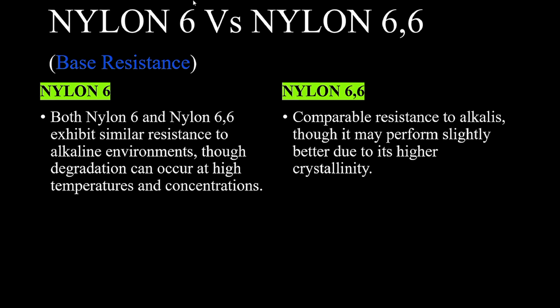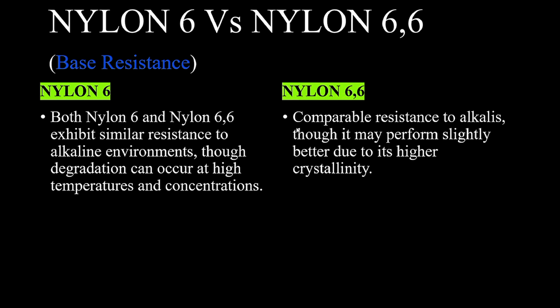Next, we discuss base resistance. Both nylon 6 and nylon 6,6 exhibit similar resistance to alkaline environments, though degradation can occur at high temperature and concentration. Nylon 6,6 has comparable resistance to alkalis, though it may perform slightly better due to its higher crystallinity.